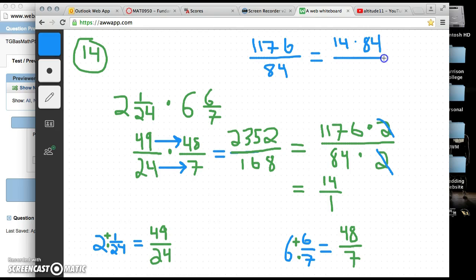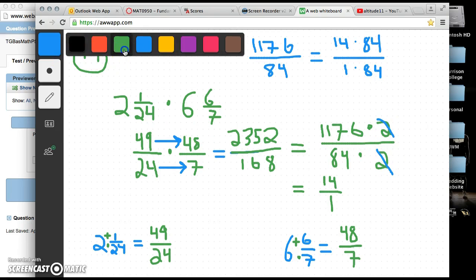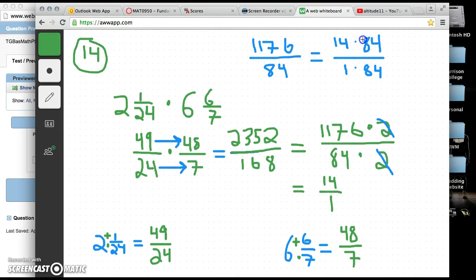And also notice in the denominator that 84 is the same thing as 1 times 84. Very similar to how we canceled out these 2's down here, we can cancel out these factors of 84 up here. That leaves us with our final answer, which we saw down here, which is 14 over 1, or just 14.